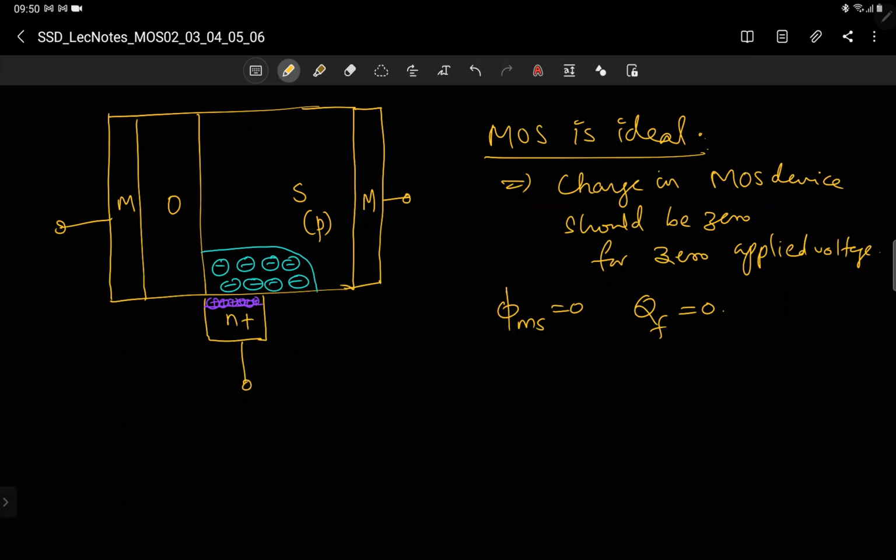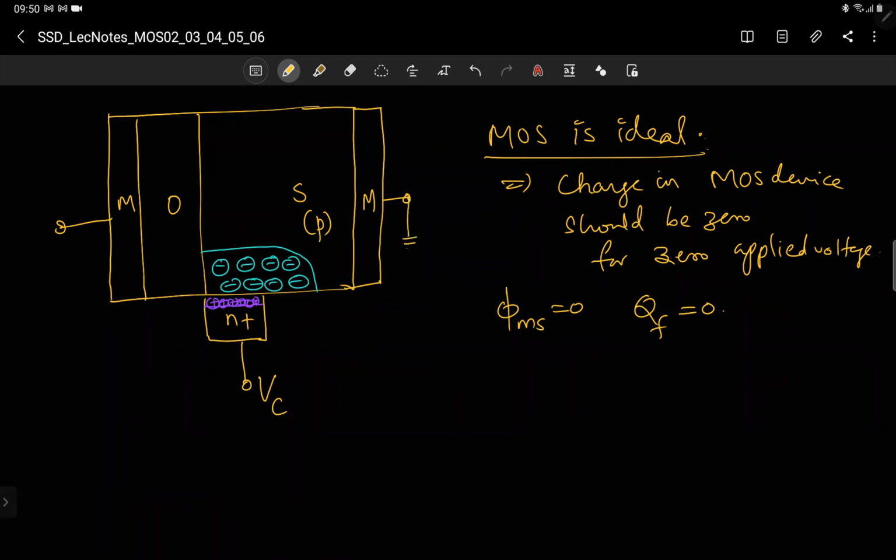So let us call it VC. Okay, I am biasing it, I am calling it VC. You will understand this notation C a little later.